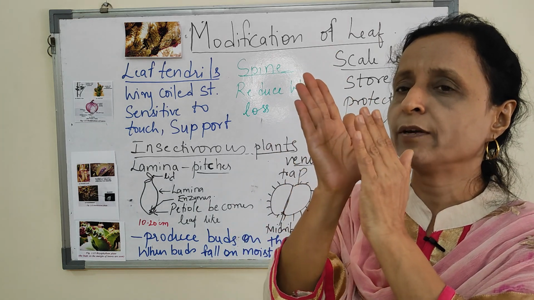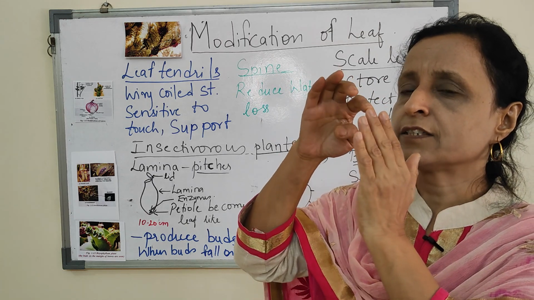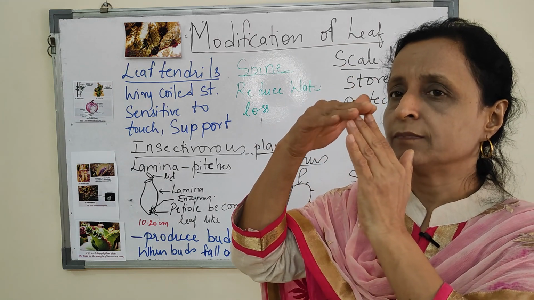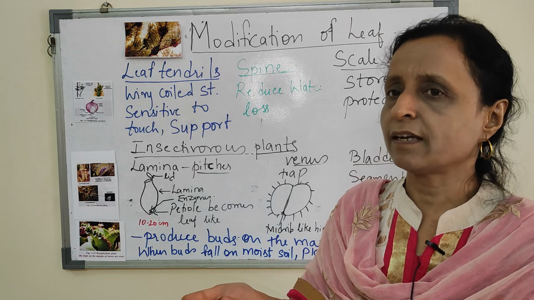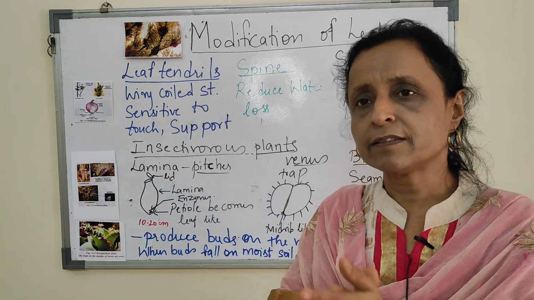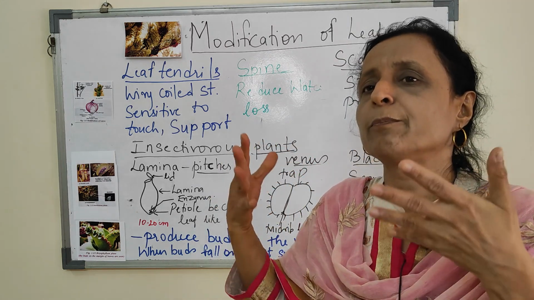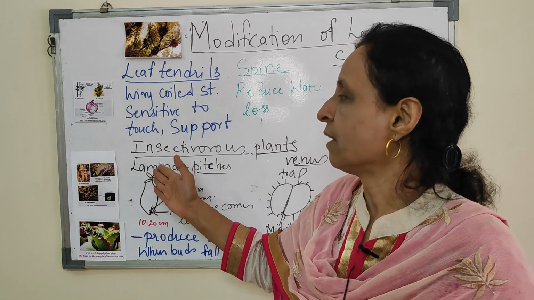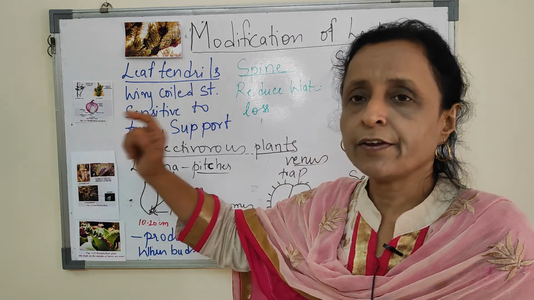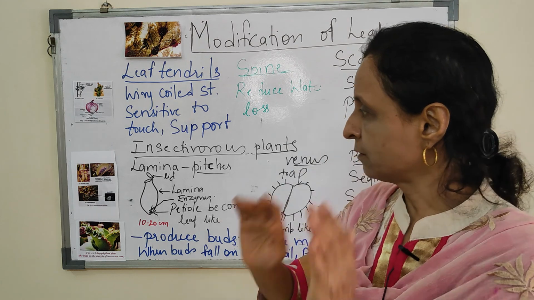The lid will be open, and as soon as an insect, supposing an ant, touches the rim, it will close the lid. The insect will be inside, and it won't be able to come out. Various enzymes will be released, digestion of the protein takes place, and they get the nitrogenous substance to prepare their own protein. This is there for survival. You can see the small pitcher plants here, which are like small matkas.